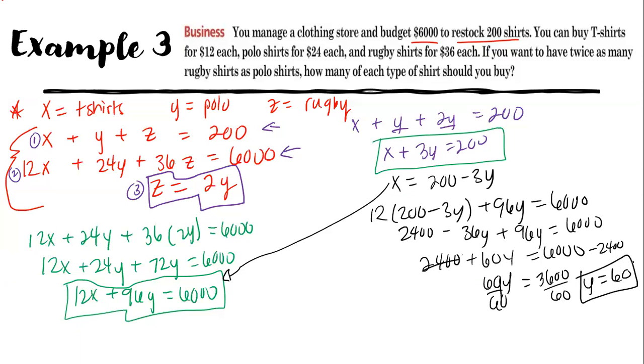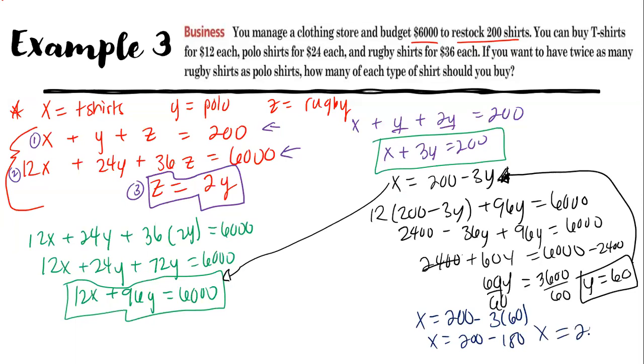Now that I know what y is, I can substitute it in here to solve for x. So I'm going to solve for x through substitution again. We have x equals 200 minus 3 times 60. So x equals 200 minus 180.